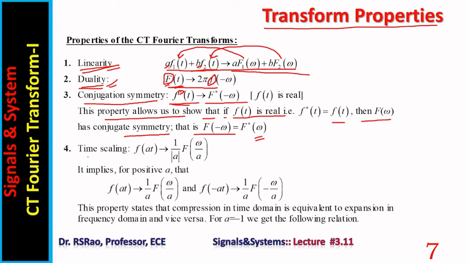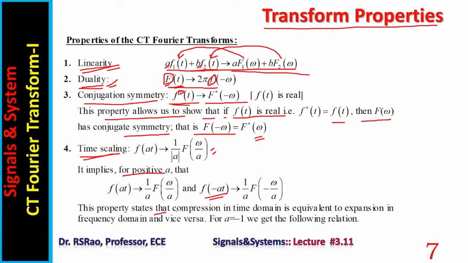Now we move to another property called time scaling. f of at has the transform 1 by a capital F of omega by a. This is called the time scaling property. It implies that for a positive a, where a is a constant, f of at has the transform 1 by a capital F of omega by a, and f of minus at has the transform 1 by a F of minus omega by a.